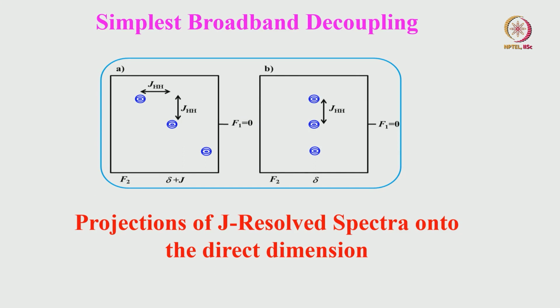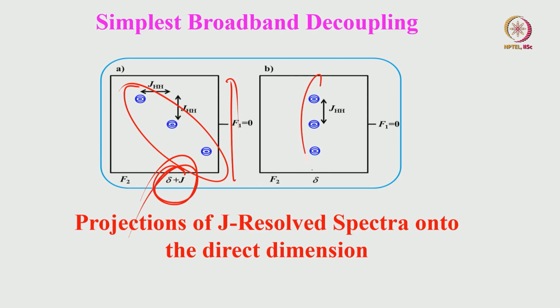Remember when I talked about the J resolved experiment, I said in the homonuclear J resolved experiment we saw that there is delta plus J information in one dimension and J information in the indirect dimension, and this spectrum is tilted by 45 degrees. Because both J and delta are there, if you do the tilting by 45 degrees and take the projection, we get a single peak. The triplet appears like a single peak.